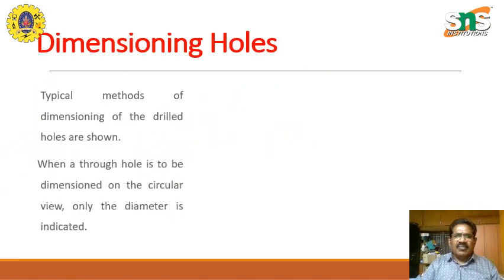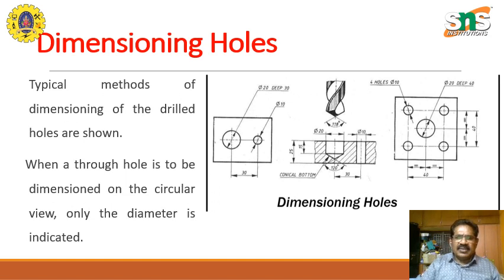So dimensioning of holes is generally like this. There are through holes and there are blind holes. If it is a blind hole, it is like this. Generally, the process is done by a drill. The drill has a nose angle of 118 degrees, but once it machines, this will be about 120 degrees. So this is the cone that has been formed by the drilling operation, and the drill has moved up to this distance.